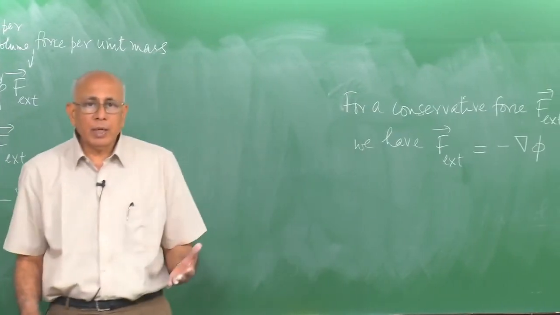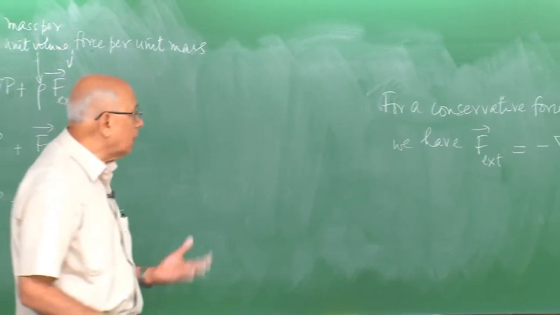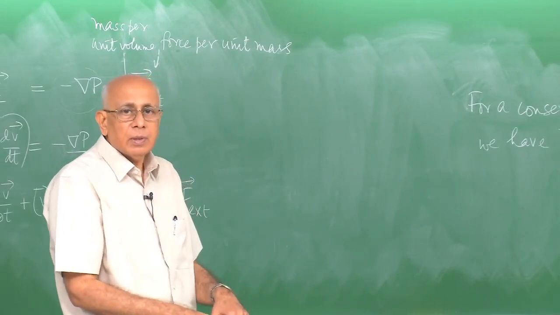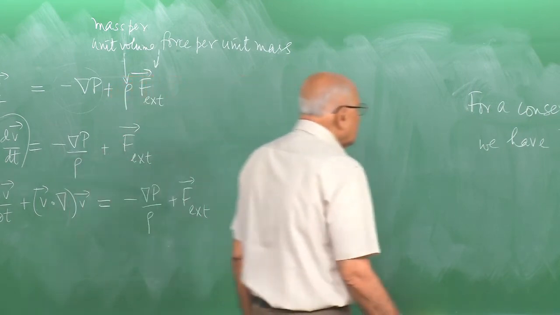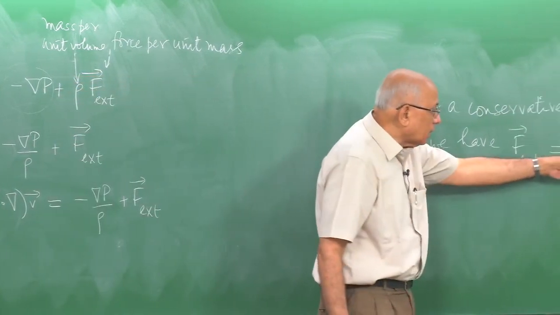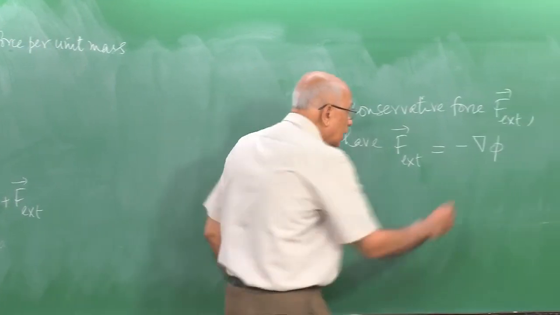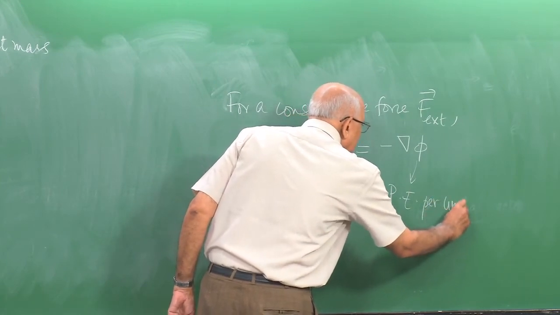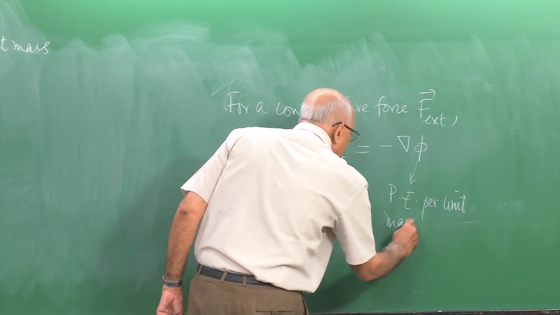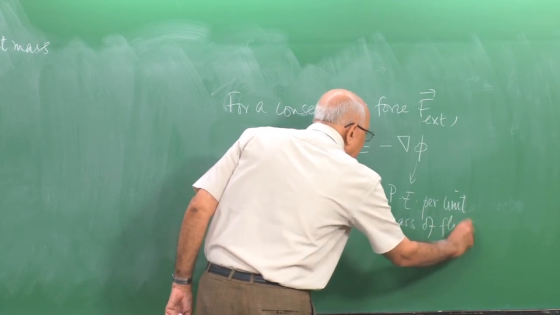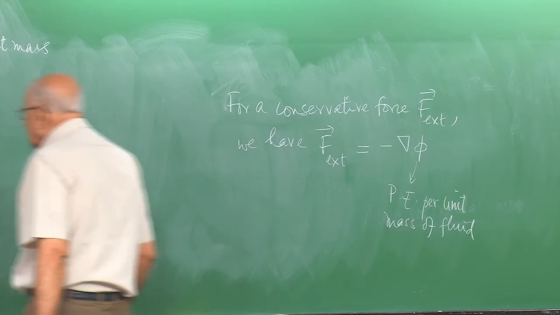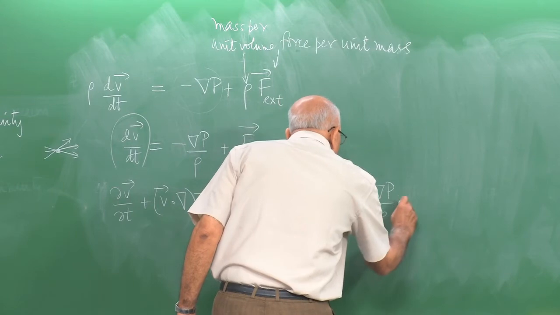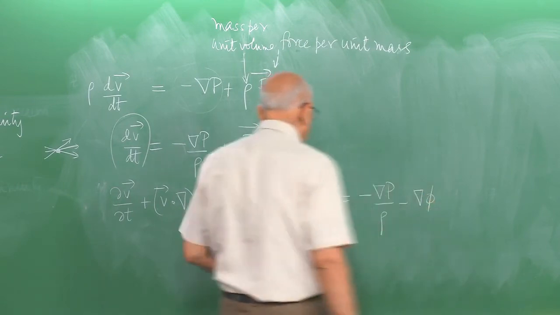Such as the gravitational potential, g z, which would give a force in the z direction equal to minus g times e_z. So, we have an external force derived from a potential, the potential energy per unit mass of fluid, and if you put that in, this becomes minus gradient P over rho minus the gradient of phi.